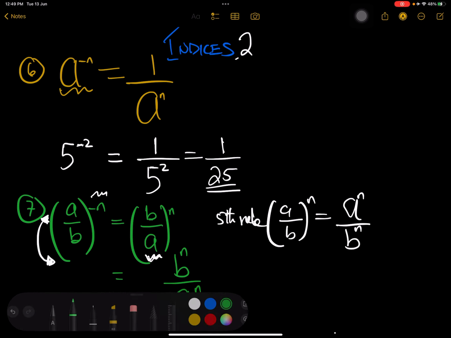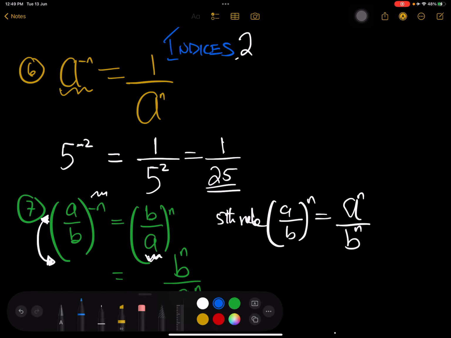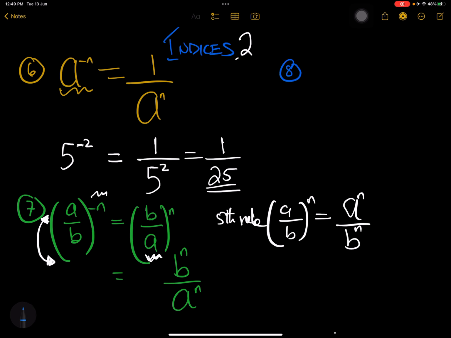Now we're going to do the last one, the eighth rule. It says that if you have the nth root of a, it is always a to the exponent of 1 divided by whatever is here, which is n.